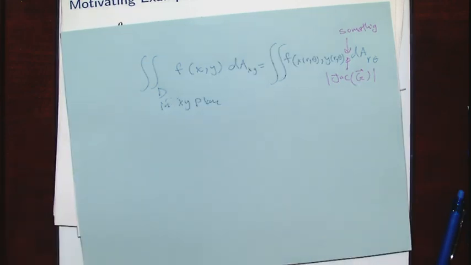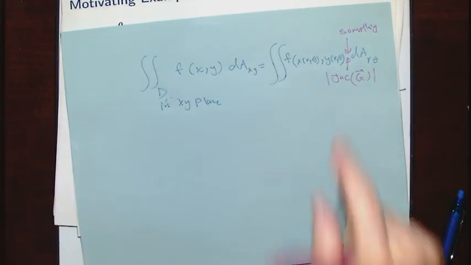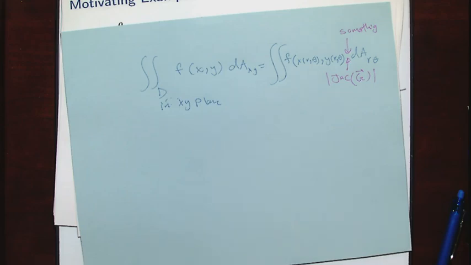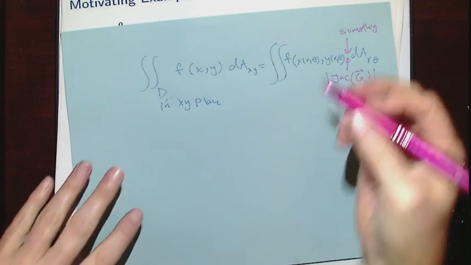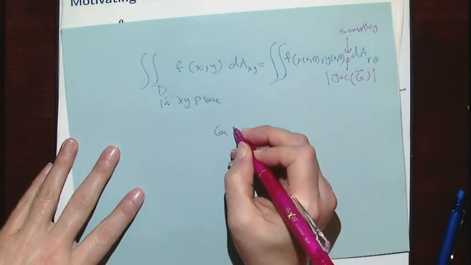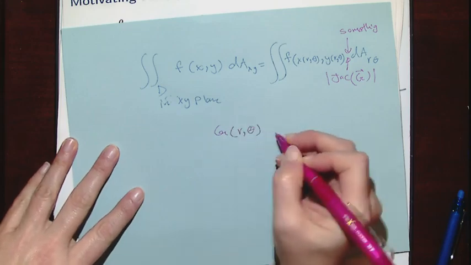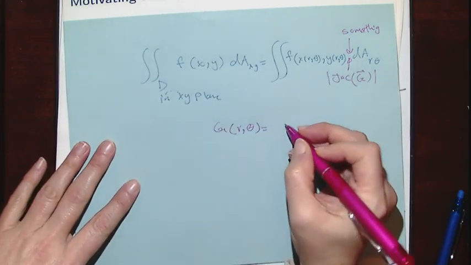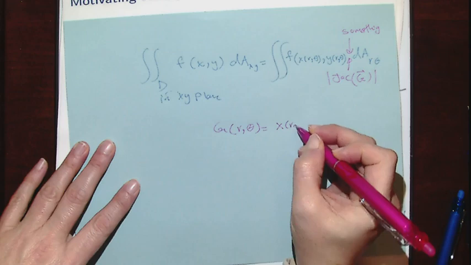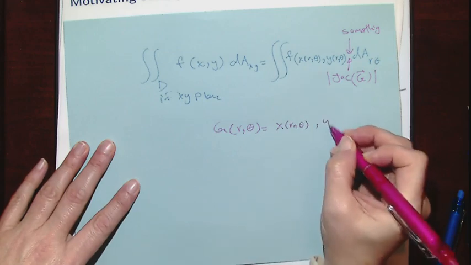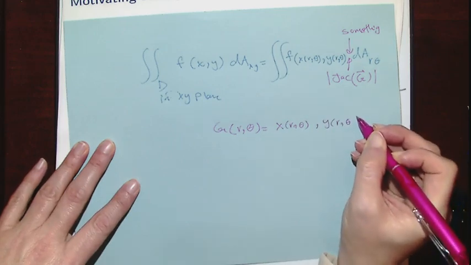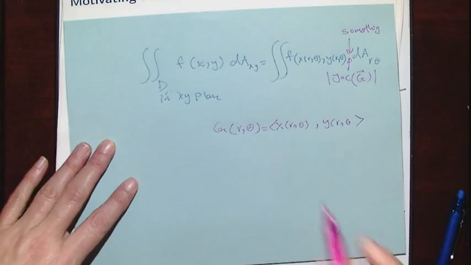Okay, so that thing is going to be the Jacobian of G. So what is G? G of r and theta is going to be equal to x of r and theta and y of r and theta. Can you guys tell me what x of r and theta is?